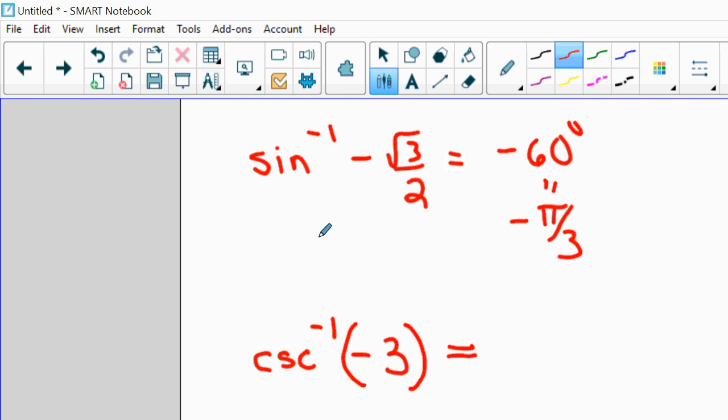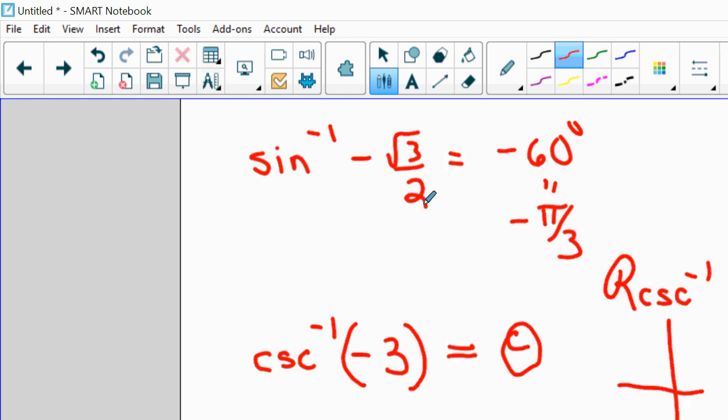So, you know what I do is I say it equals some angle. And I say I've memorized the range of inverse cosecant, where the answer lies. It's the same as sine, so first and fourth. So the answer lies between negative 90 degrees and 90 degrees.